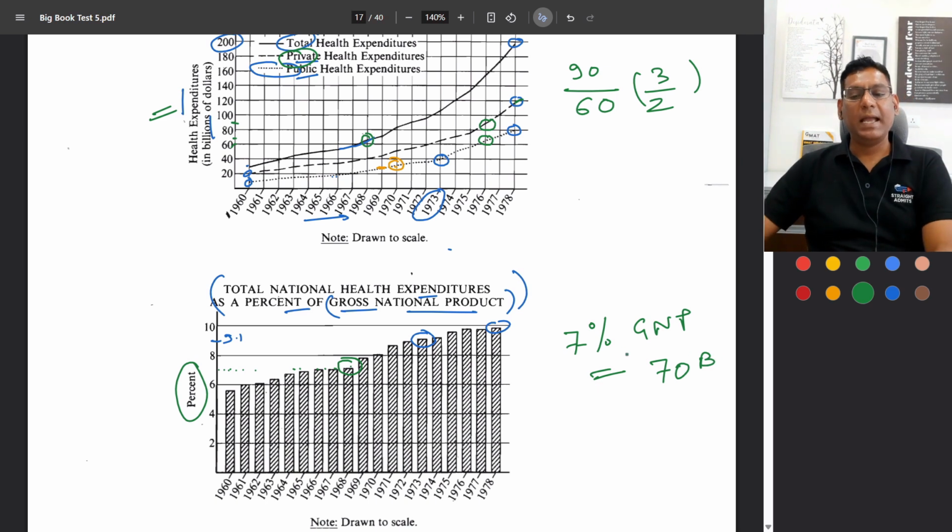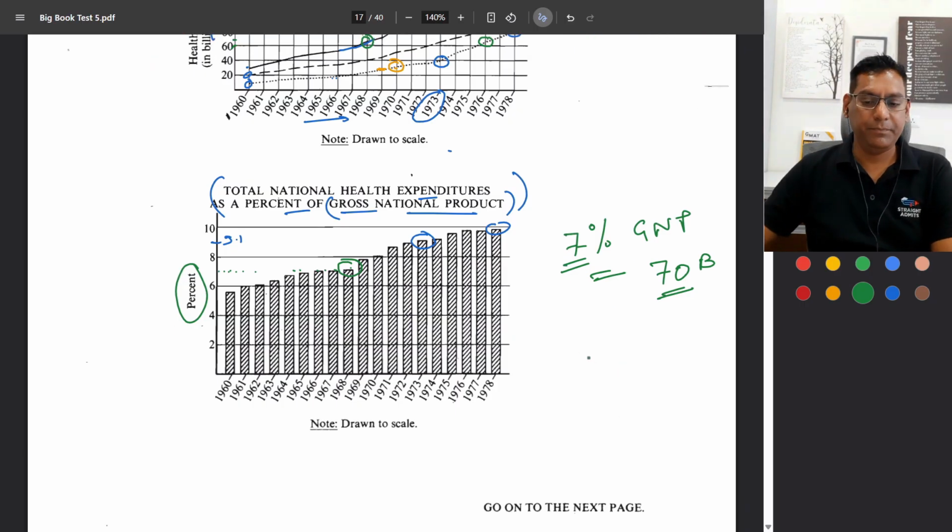So basically what I have is 7% of GNP in that year was 70 billion, and I want 100% of GNP. So that is going to be 70 billion divided by 7 into 100. So that is 10 billion into 100, somewhere around 1000 billion. Somewhere close to that.